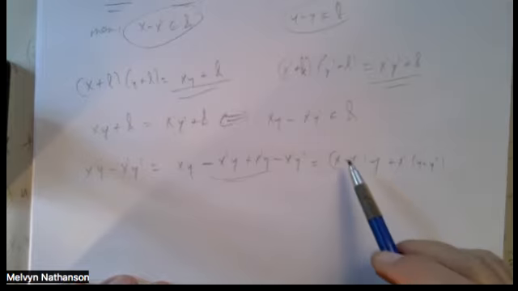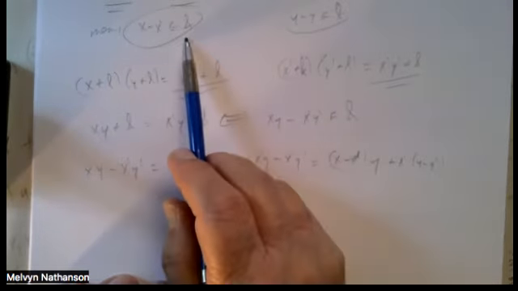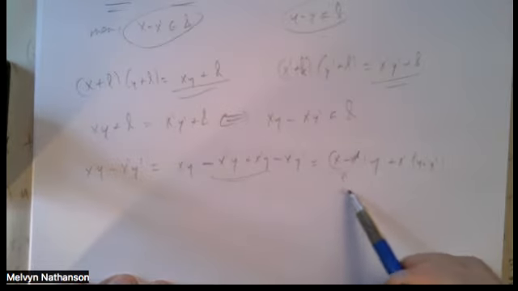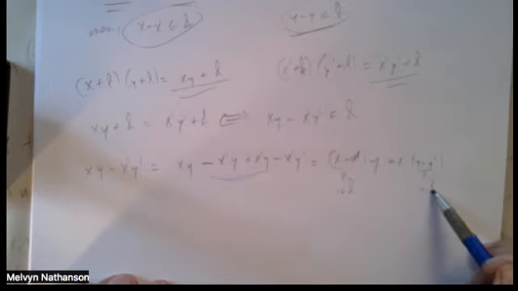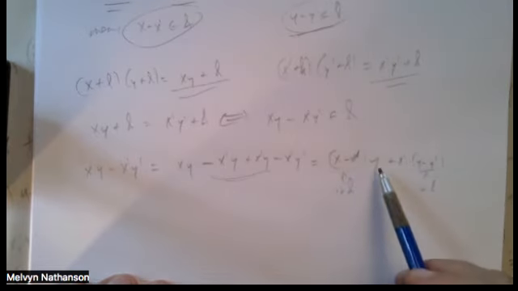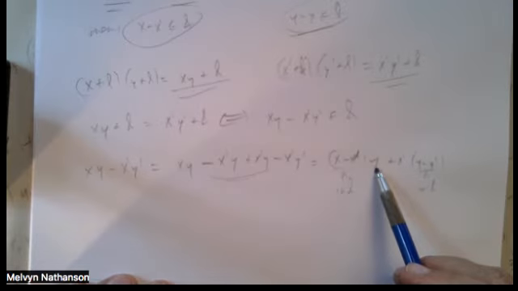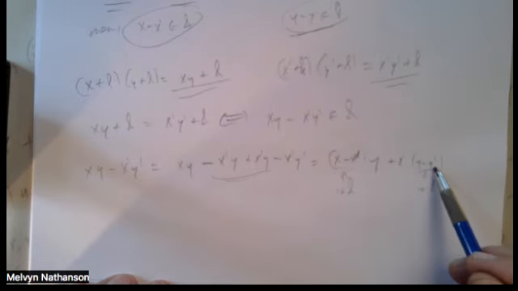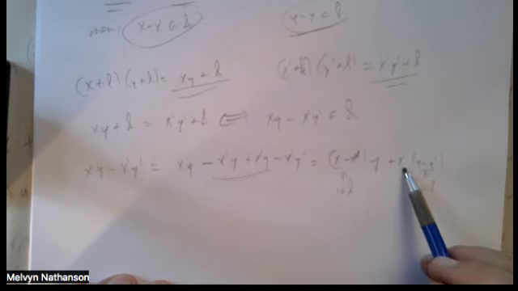But x minus x prime is in I, and y minus y prime is in I. So here I have an element of I multiplied by an element of the ring on the right, and here I have an element of I multiplied by an element of the ring on the left.